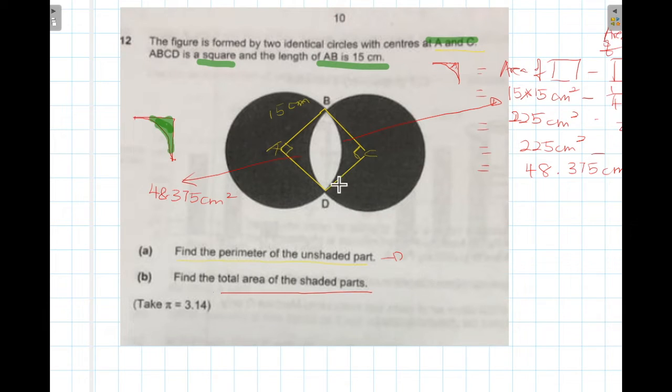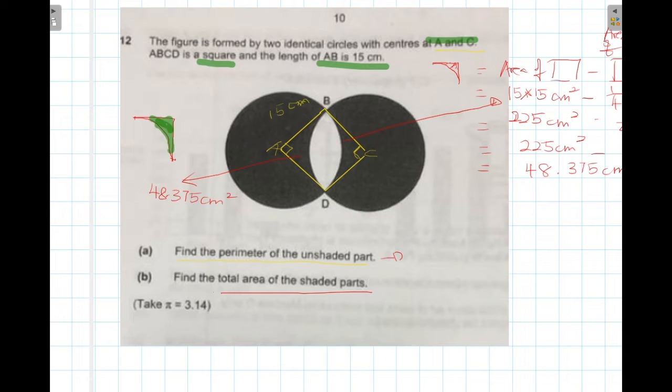So now it's asking you to find what? The total area of the shaded. I only found the shaded of this portion and the shaded of this portion. I still have this portion here, which is 3/4 of a circle, the whole shaded.